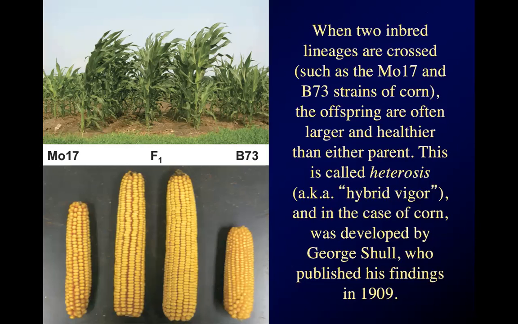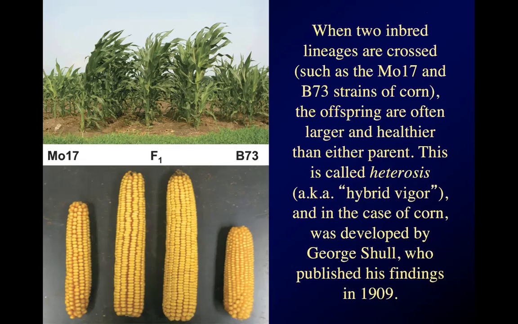So to do it, you have to go around in your cornfield and cut off the male flowers so that the female flowers can be pollinated only with the pollen that you want. And so you can create lineages of inbred corn. And he found that when two inbred lineages were crossed, the offspring often came out larger and healthier than either parent.